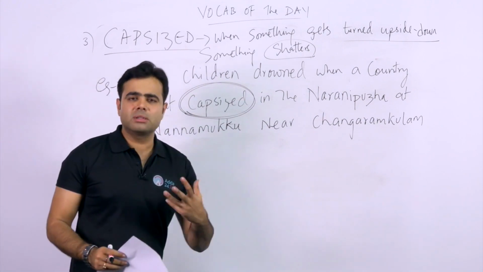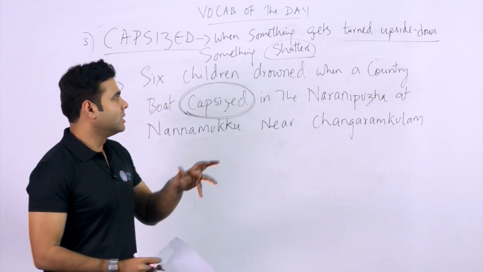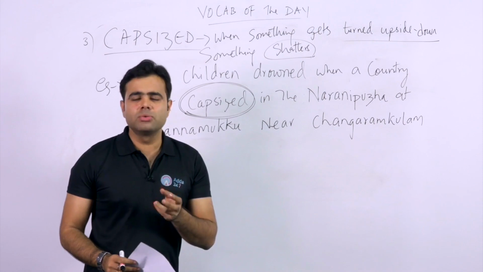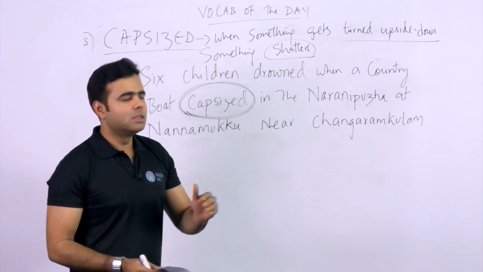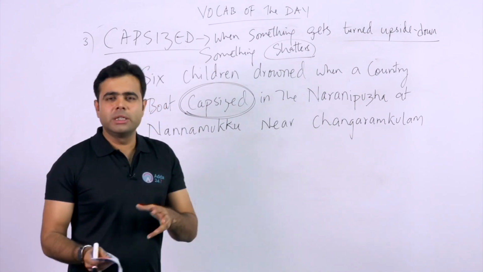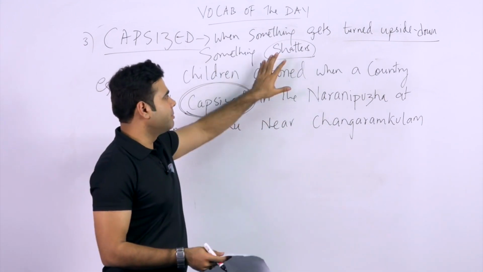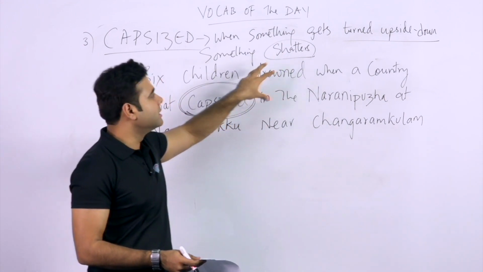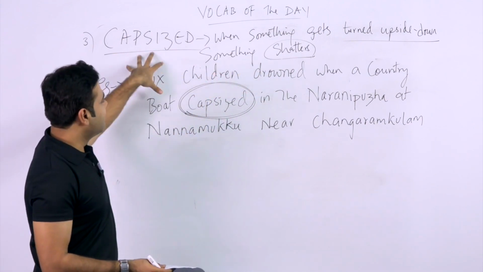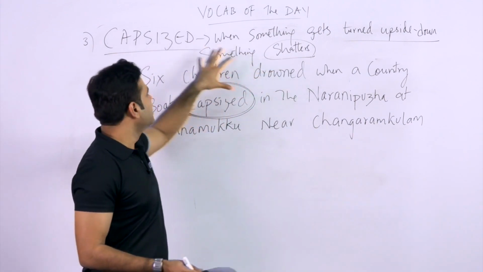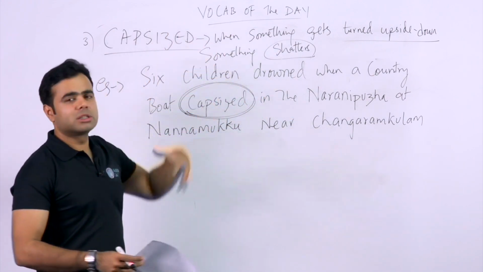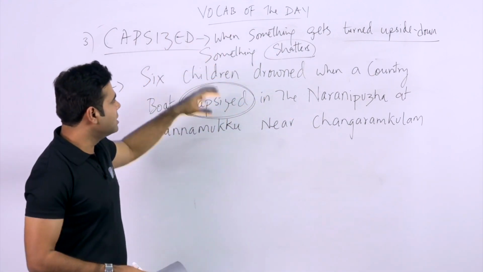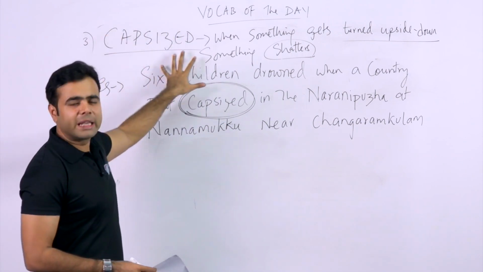Because shatters means a kind of demolition also. Somewhere it can also be used as destruction of something. The building shattered, this place was shattered, the statue was shattered. People use this particular word, isn't it? But exactly what I have used, just to explain the meaning of the word capsized, is when something gets turned upside down or something gets shattered. There we can use the word capsized.